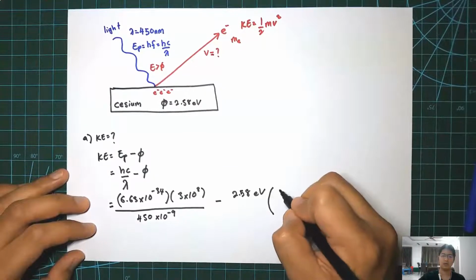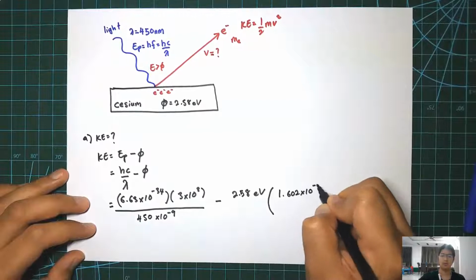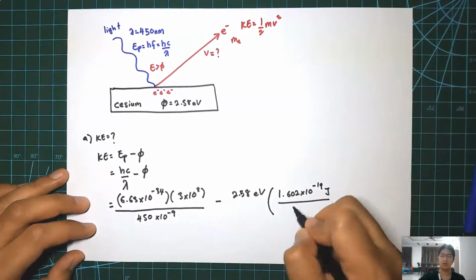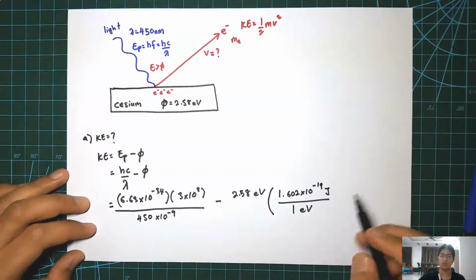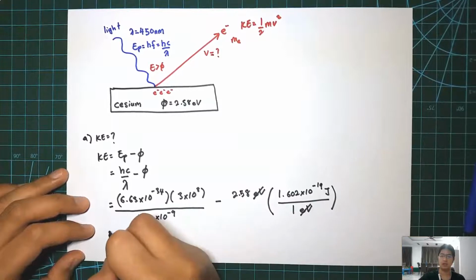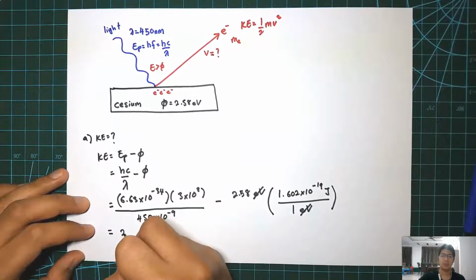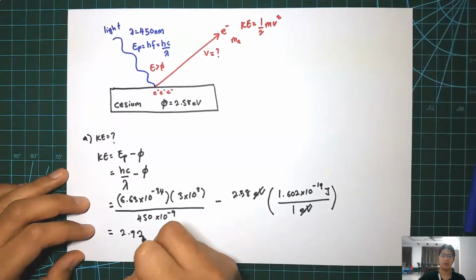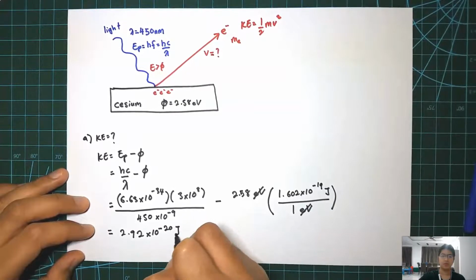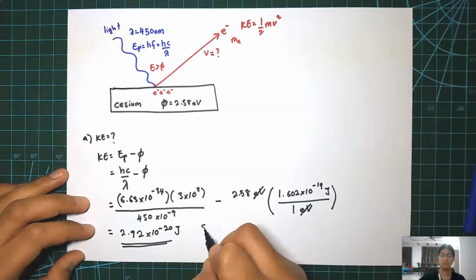You need to remember the SI unit for energy is joule, so you need to convert the electron volt to joule. The equivalence is 1 electron volt equals 1.602 times 10 to the power of negative 19 joule. So you can cancel the electron volt. The answer is 2.92 times 10 to the power of negative 20 joule.